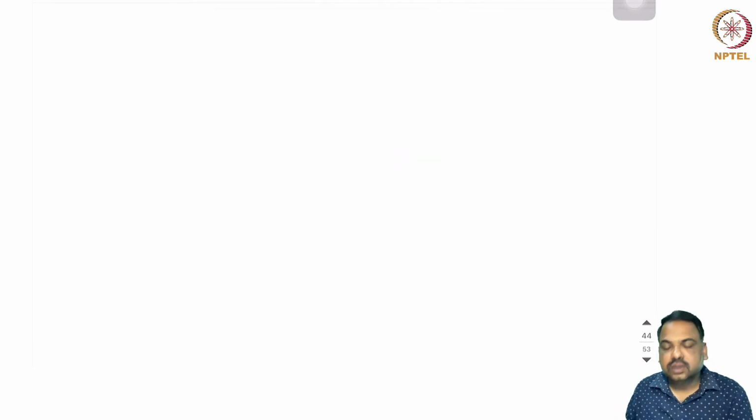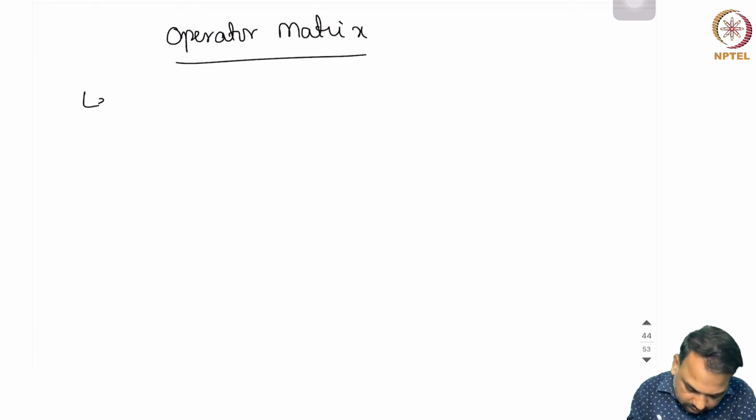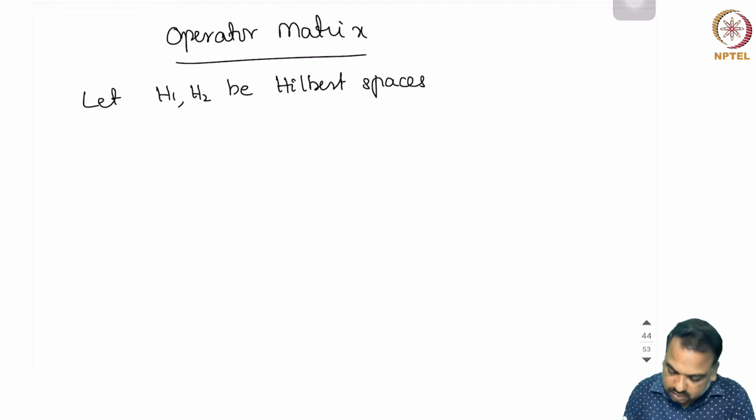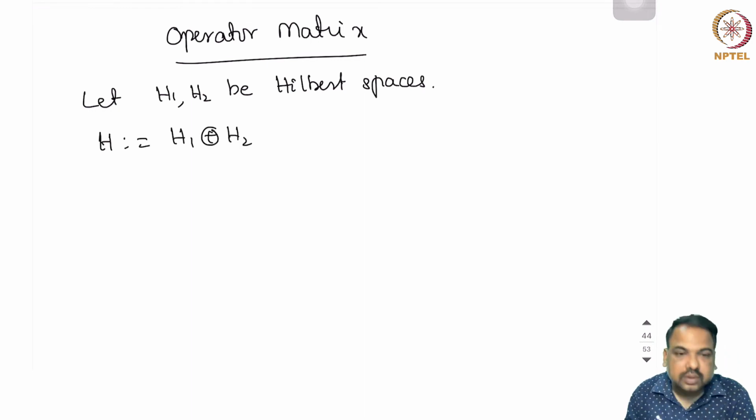So next we discuss operator matrices. Let us take two Hilbert spaces, both complex. So we know that H is the direct sum of H1 and H2.